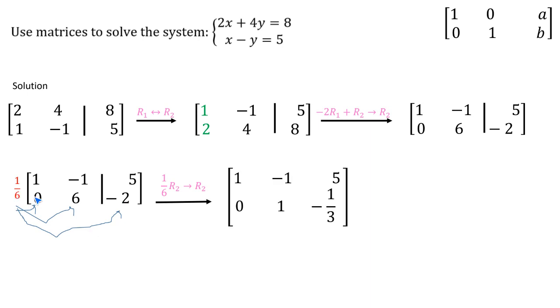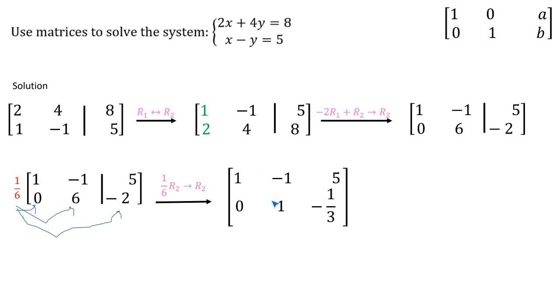And so that's 0, 1, and negative 2/6, which can be reduced to negative 1/3. Notice my first row did not change.